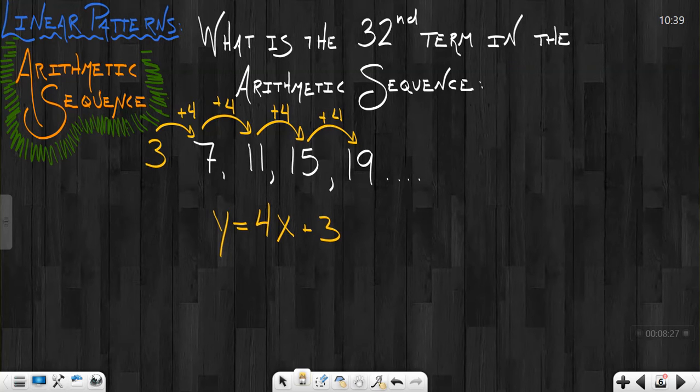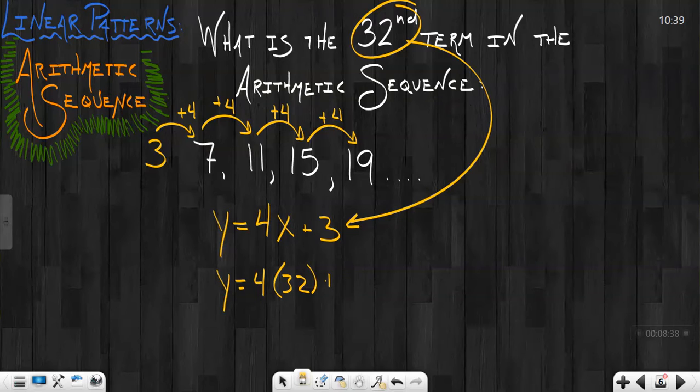So once again, a plus 3 is what we're starting with. And now I can take 32 and plug it into my rule. So we're going to find out y equals 4 times 32 plus 3. And I get 131. All right, 131 is my 32nd term.